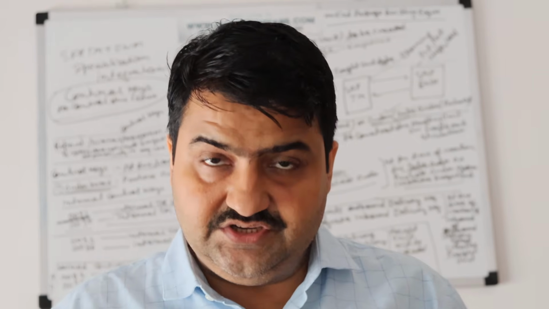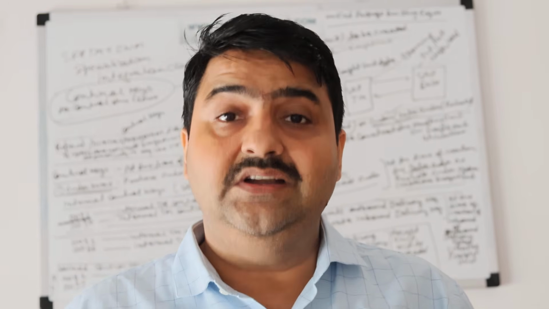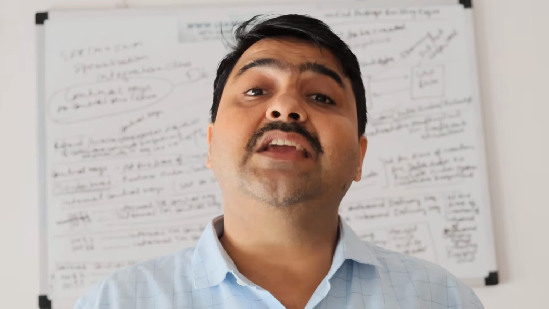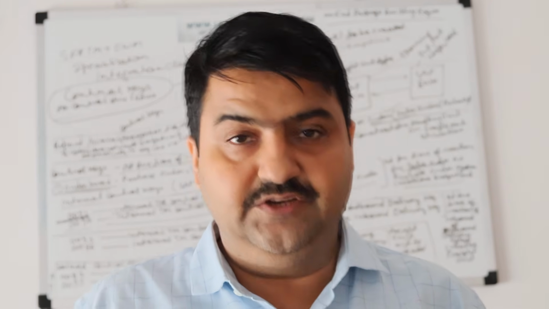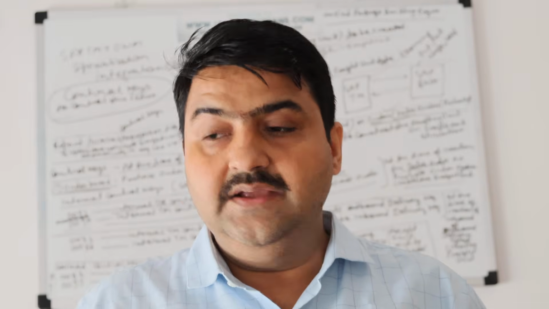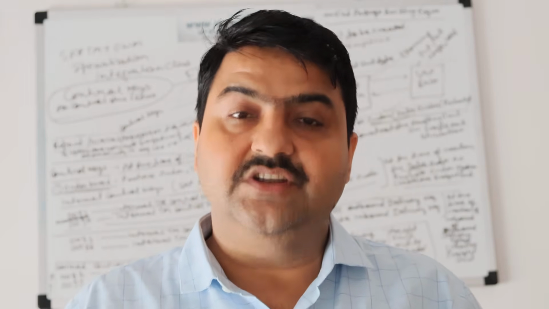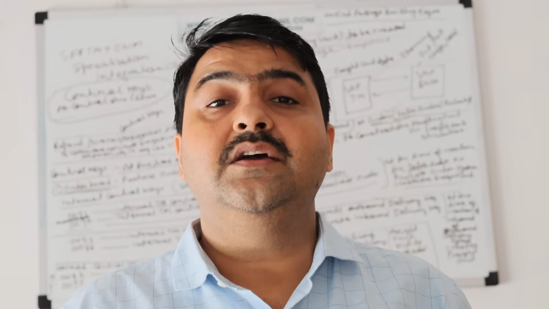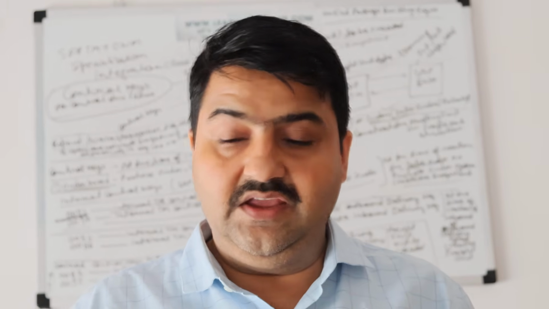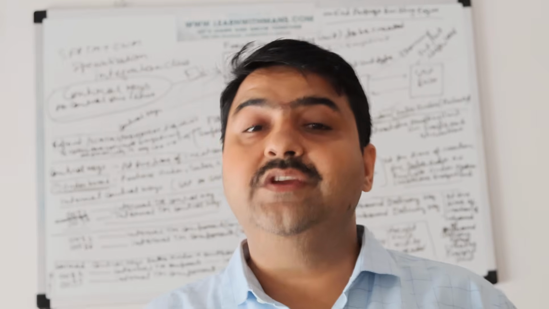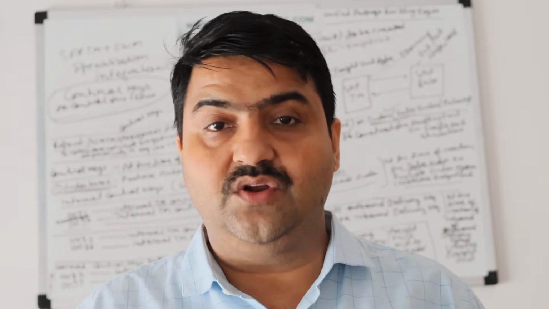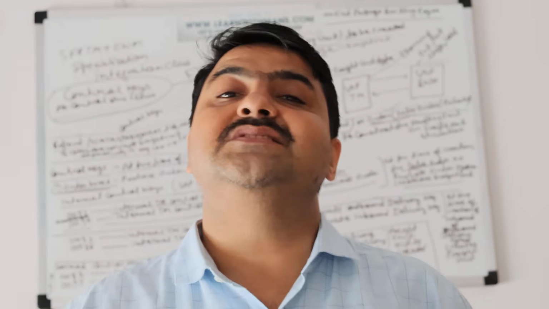In that situation, we can use direct integration. The decision comes from the business-to-business requirement and through the higher management. And if we know, as consultants or architects, we can suggest it to the businesses.